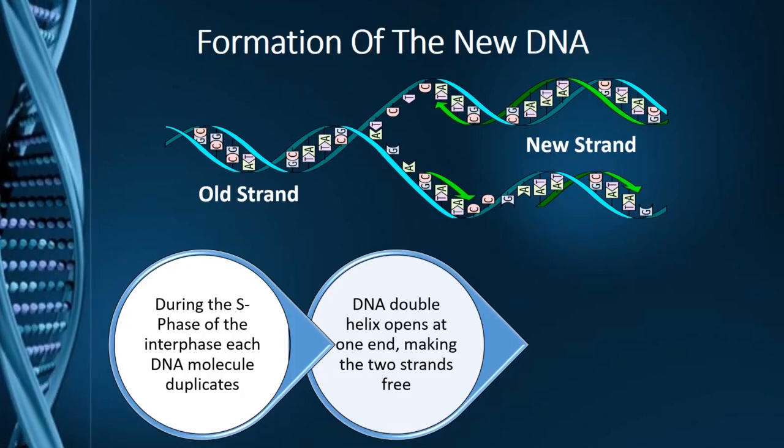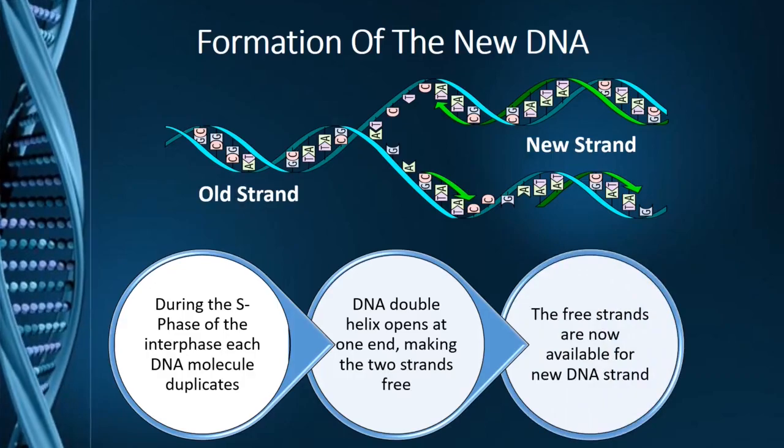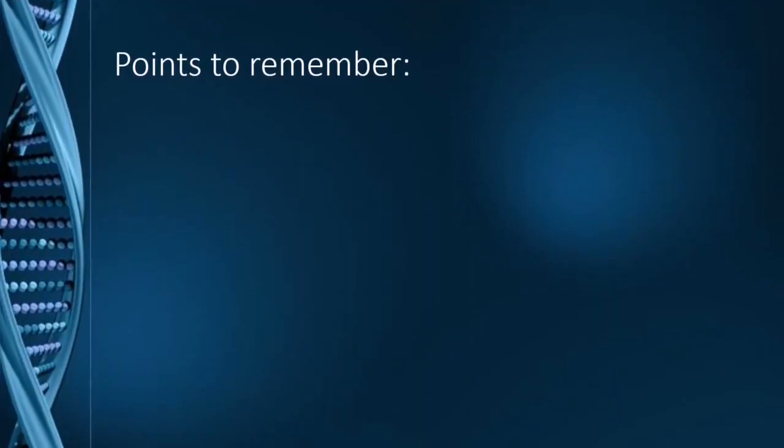As you can see in the above picture, the DNA strands are open from one end and at the same time they are closed from another. The free strands are now available for new DNA strands to bind. After a while, the joined DNA will also open and the two DNA strands are there with me.